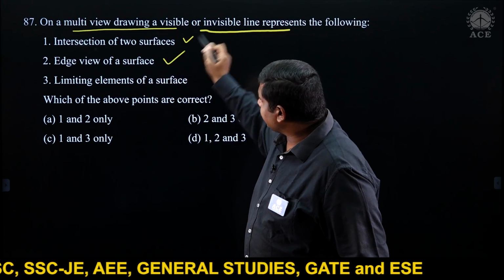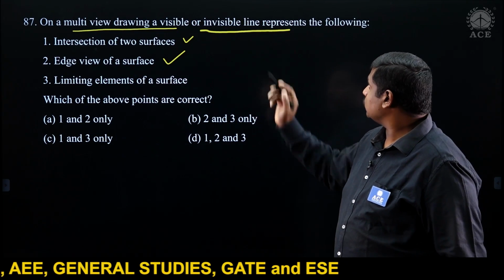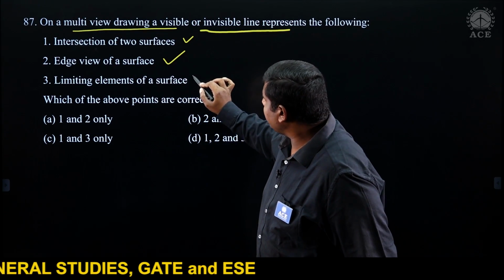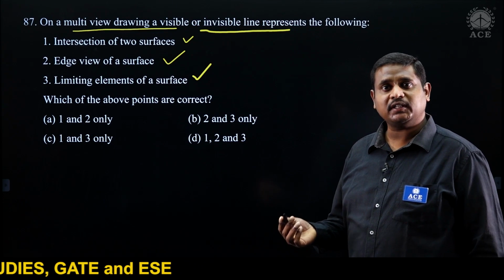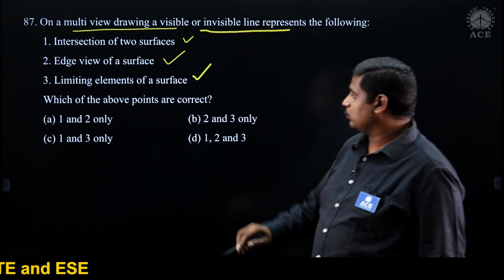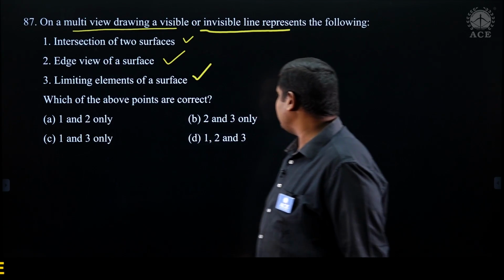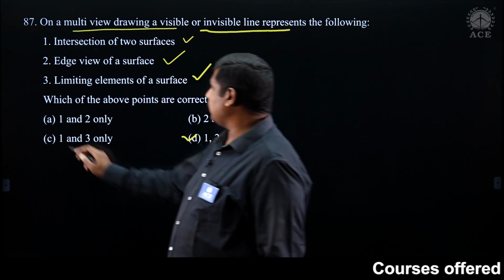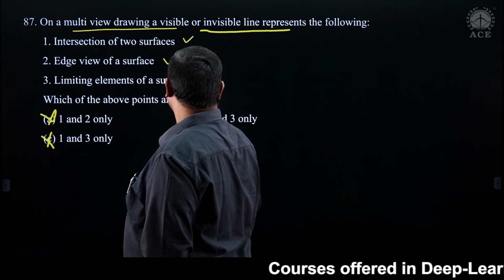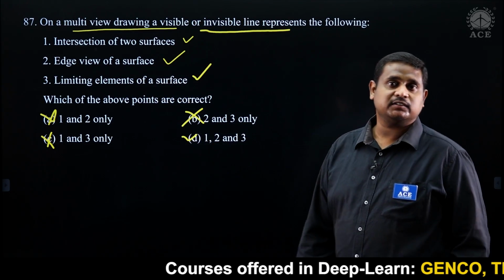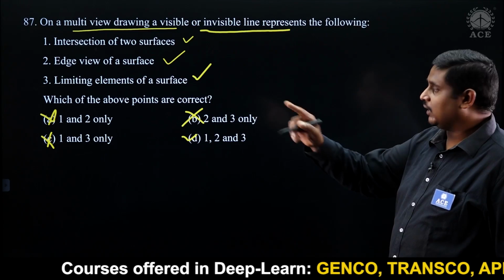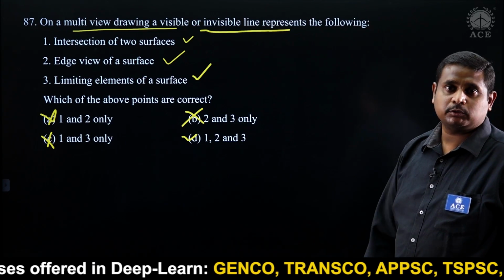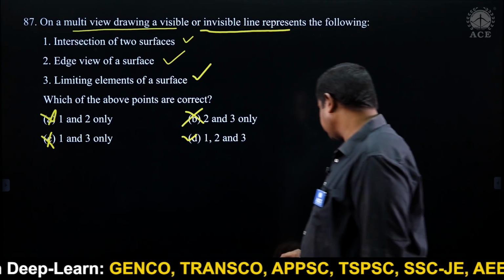Edge view of a surface, even this is possible. And limiting elements of a surface, yes, all three are possible. So the answer is 1, 2 and 3. So the answer is option D, and option A, option B and option C are invalid, my dears. Option D is possible. Let us see how.